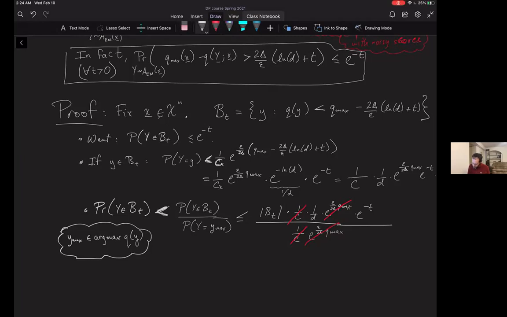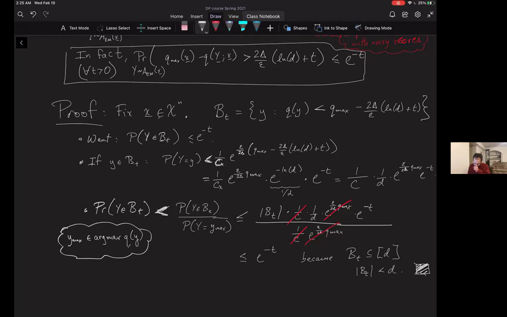So this is at most e to the minus t, because there are only d possible outcomes, so the bad set has size at most d. Okay, so that is actually all she wrote. That's the complete proof.